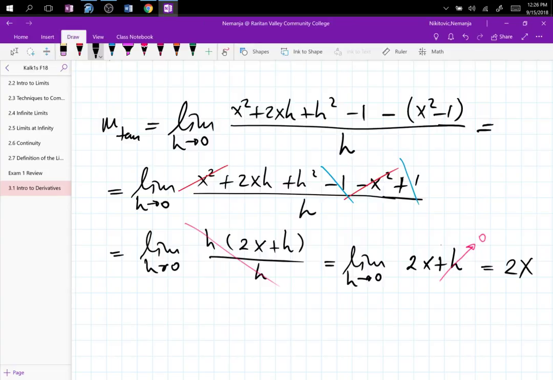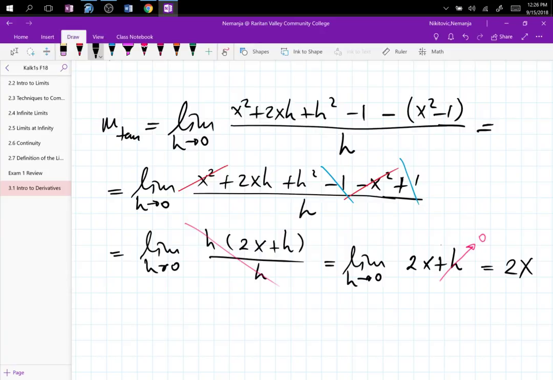Is this always like this? No, I changed the function. That changes because you have to go to the calculation. Is it always the same for x squared? Yes. X cubed, it's different. X cubed is going to spit out 3x squared. Square root of x is going to spit out 1 over 2 root x.